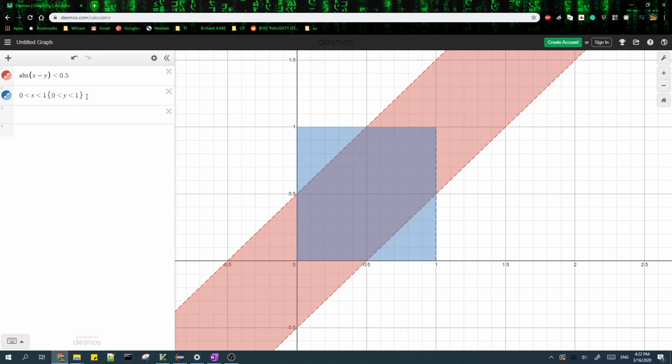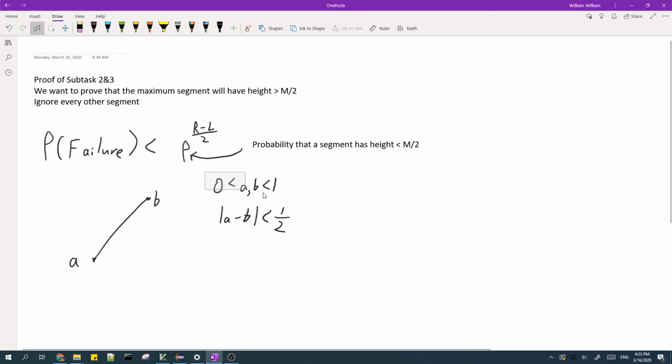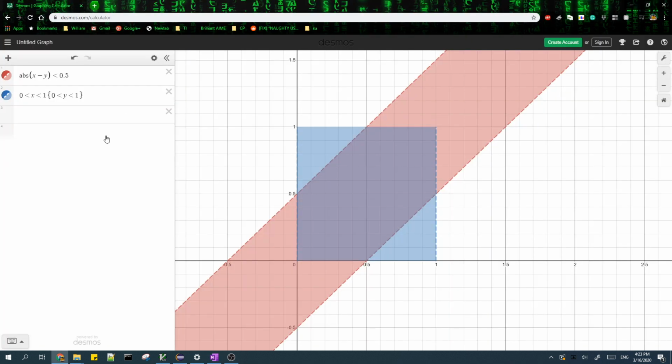And to find the probability that this happens, we can use geometric probability. So basically, if we view the x-axis as A and the y-axis as B, then this condition means we're looking at the points in the blue square. So A can be from 0 to 1, and B can also be from 0 to 1.